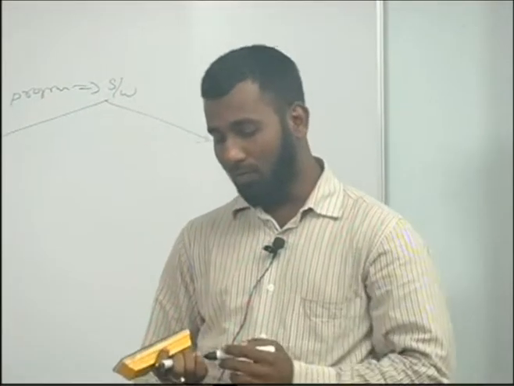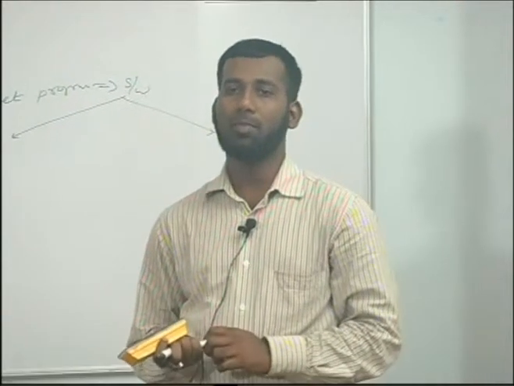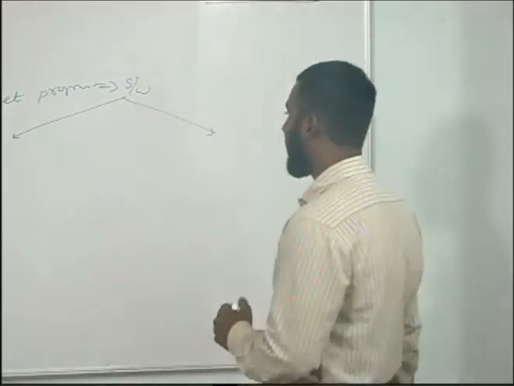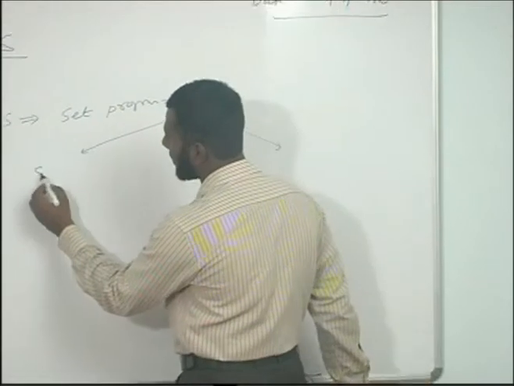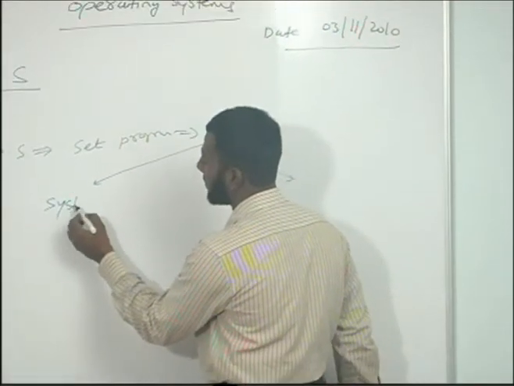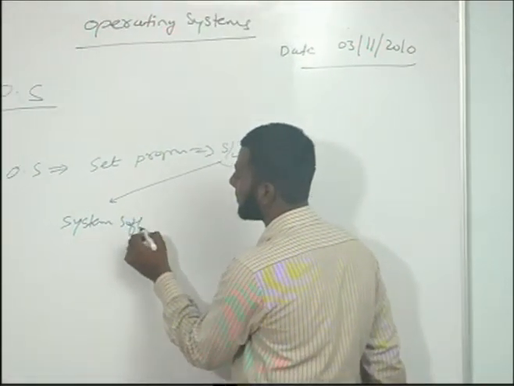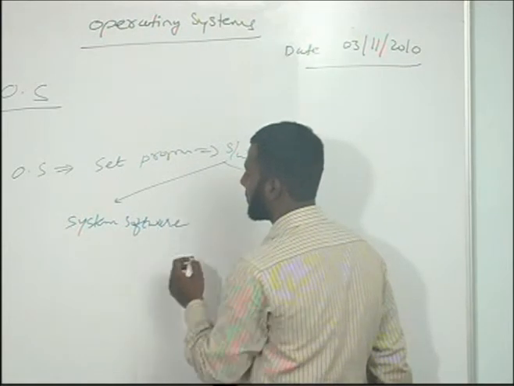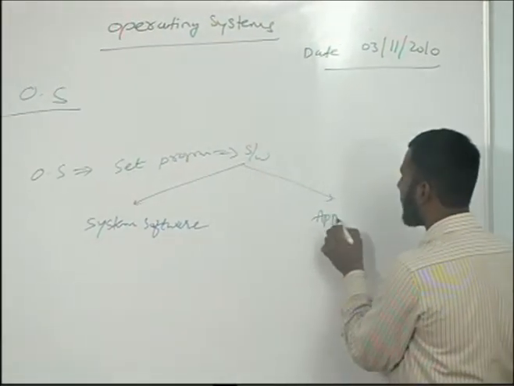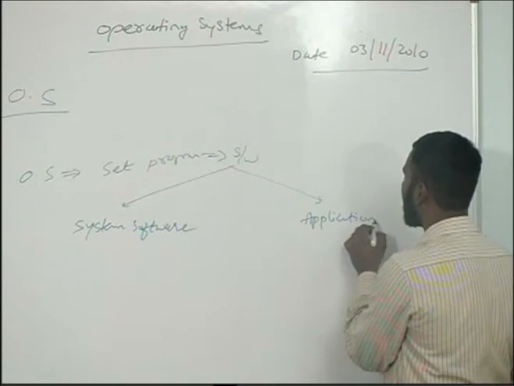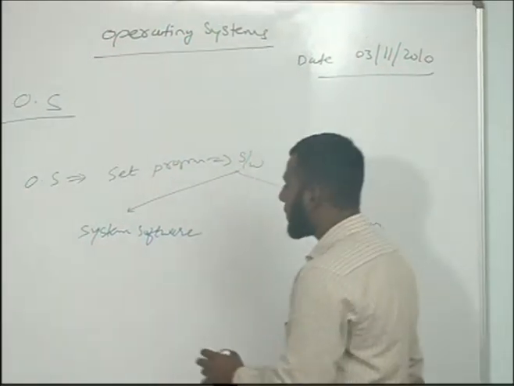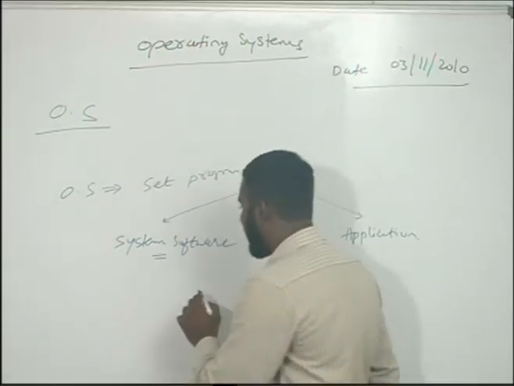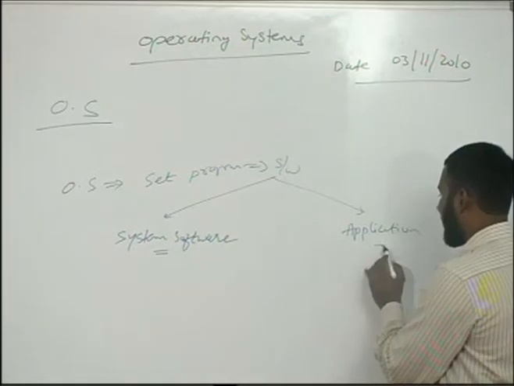From this perspective, it has been classified into two categories: system software and application software. Now, what do you mean by system software and what do you mean by application software?